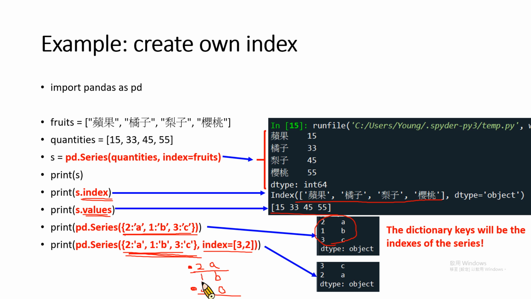But for index 1, because we do not assign 1 to become the index of the series, this data becomes invalid. So if you print out the series, you will see that 3 and 2 become the index of the series, but not 1.